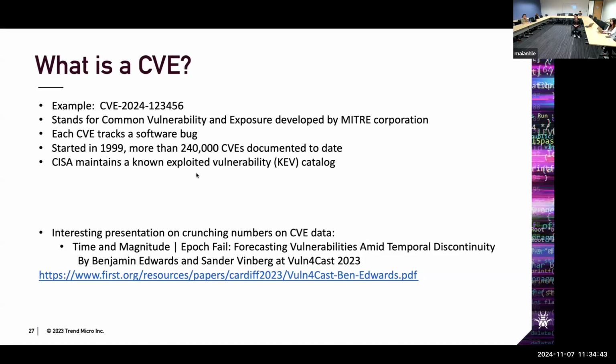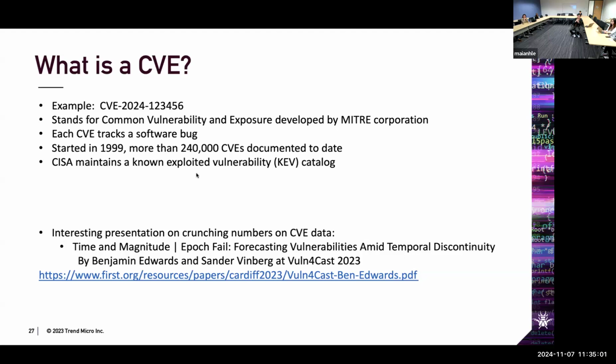Unfortunately, the program has gone through multiple rule changes, and the good folks at F5 crunched the numbers, and basically the volume of bugs is nonlinear.